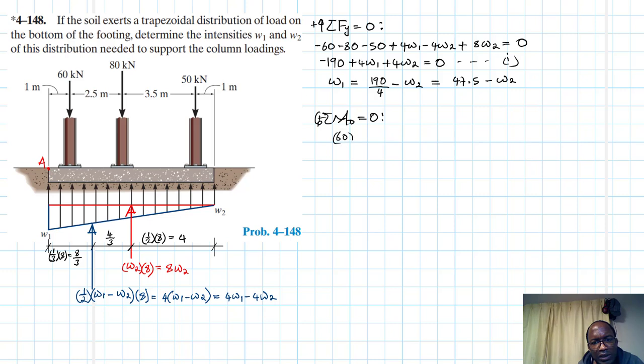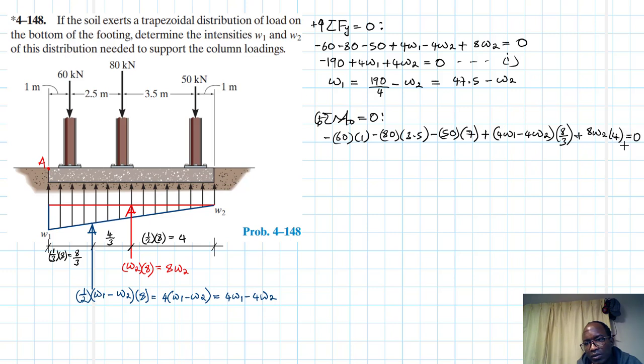So we are going to have negative 60 by 1, then negative 80 by 3.5, negative 50 by 7, and then we have a positive moment, which is 4W1 minus 4W2 times 8 over 3, and then a plus 8W2 times 4 over 3 plus 8 over 3, so this is 12 over 3, which is just 4.